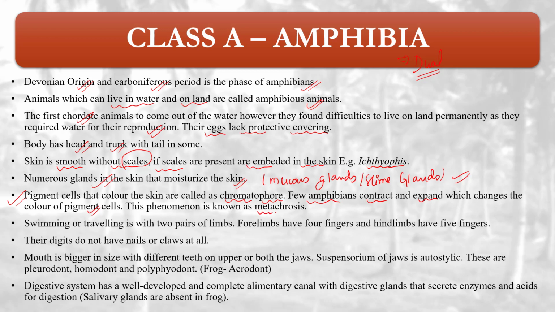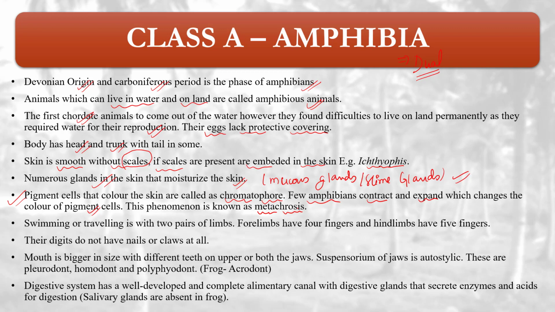Metachrosis. So metachrosis is a phenomenon especially seen in amphibians, in which they can change the color of the skin because of the rhythmic contraction and relaxation. Okay, because of this they have a unique property which is known as metachrosis. Is that understood?